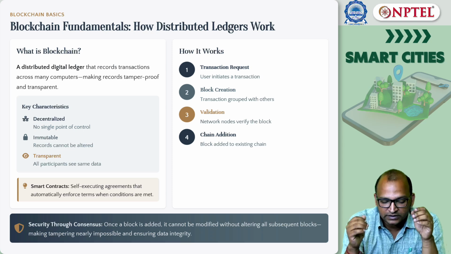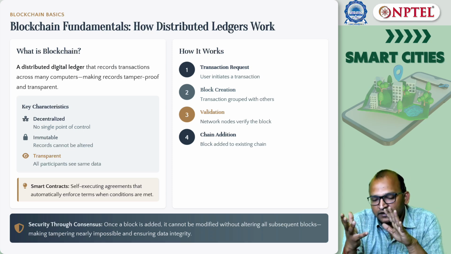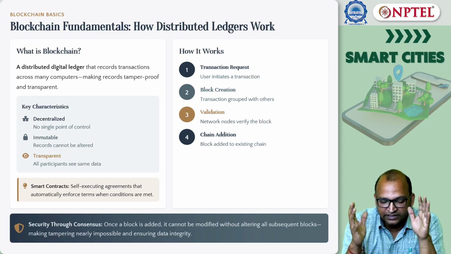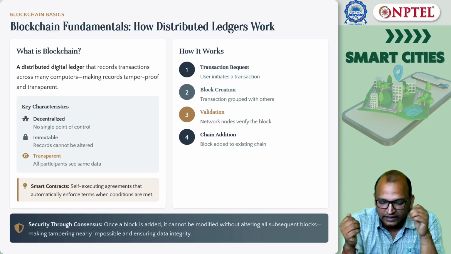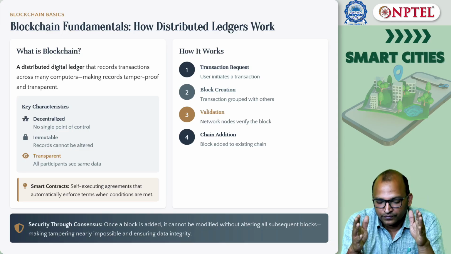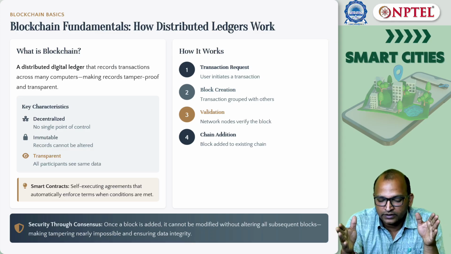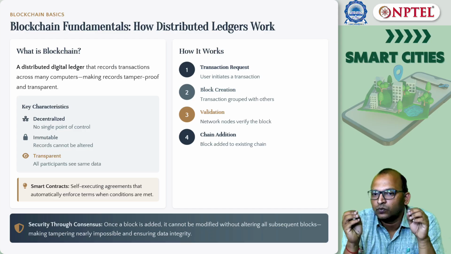If one person secretly tries to change their copy, everyone else's copies are different and the change is easily detectable and can be rejected. That is actually the blockchain. It is a digital record book shared across thousands of computers simultaneously, where the records cannot be changed once written.